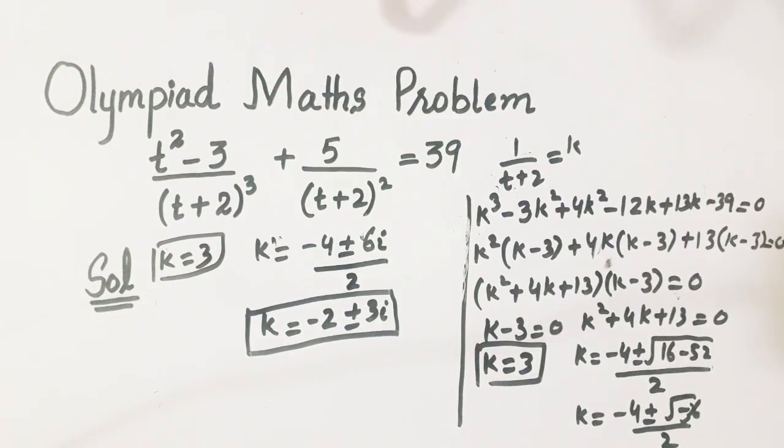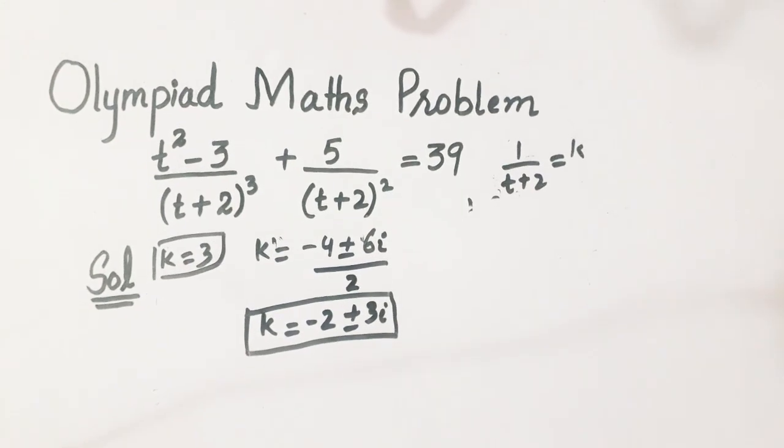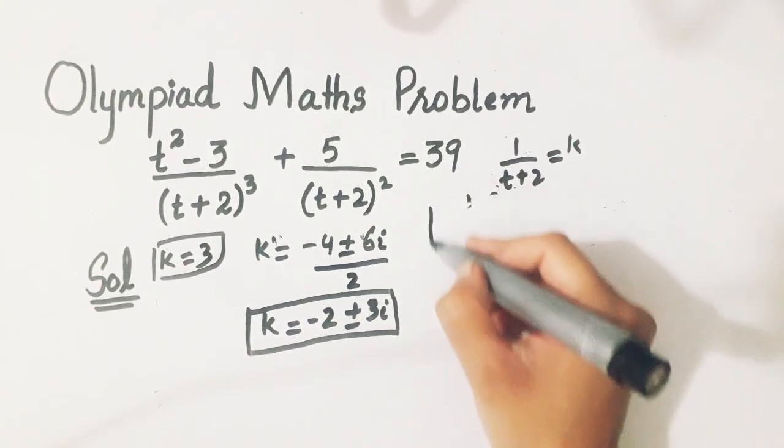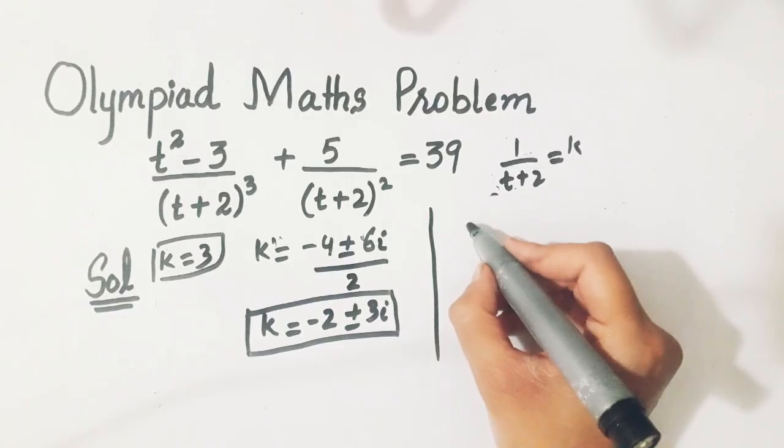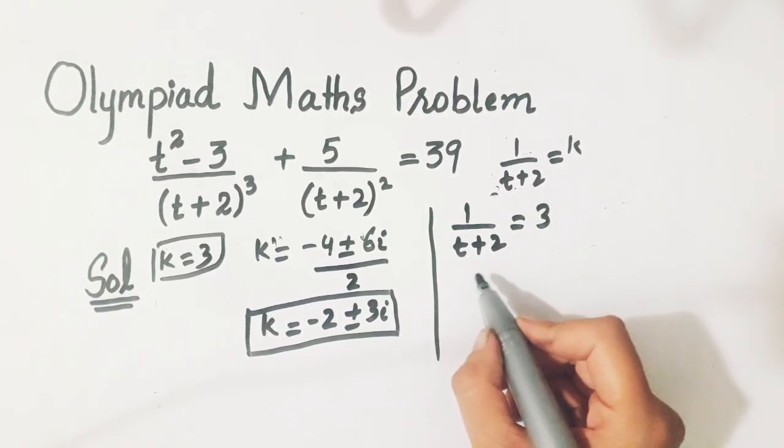After finding the value of k, we can easily find out the value of t. For this purpose, let us see how to find the value of t. We have 1 by t plus 2 equals k, which is 3.